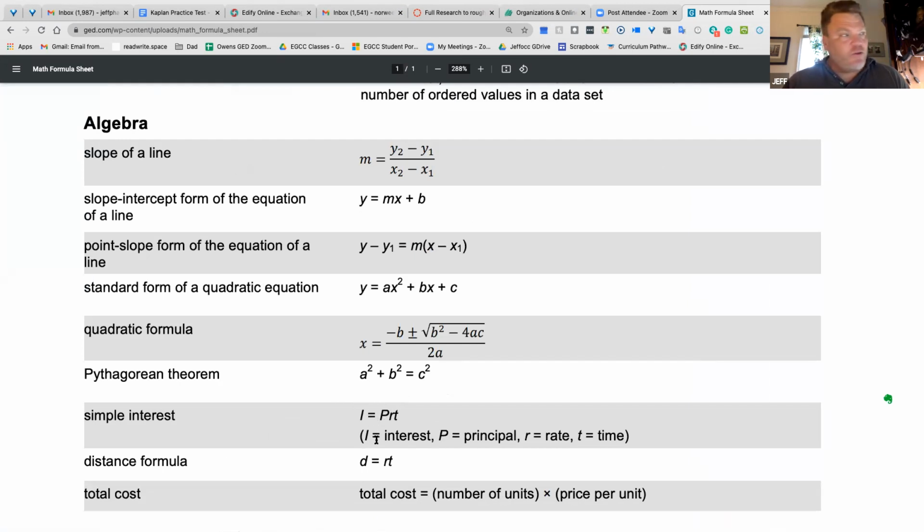It's one of the few times you see it right here. They don't tell us what all these letters mean on the sheet, but on the interest questions they do. And it kind of helps. So I is interest, P is principal, R is rate, and T is time, which is nice that they do this for us.